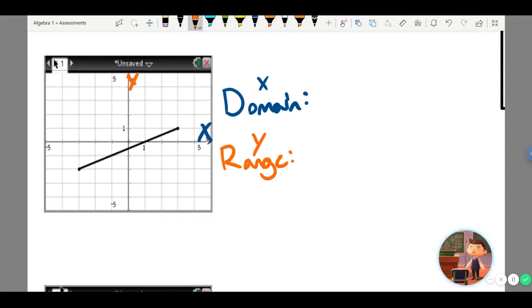And we're going to be looking for a couple of things for domain. Let's start with domain. I'm going to look for the lowest value of x that I can see on the graph. And the lowest value of x seems to start right here at -3. Okay, the next thing I'm going to do is find the highest value of x. The highest value of x on this graph of this function happens to be +3.